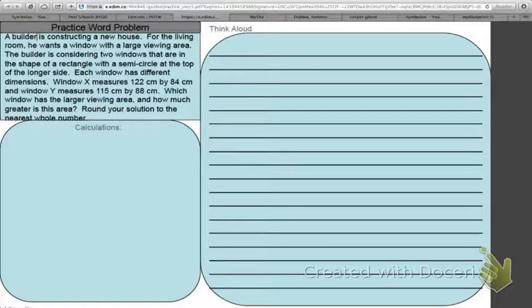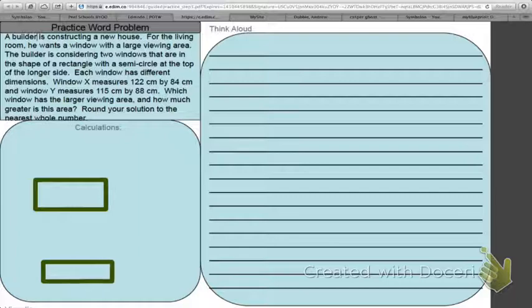Okay, so window 1, let's say that's window 1, and let's call this one window 2. 1, 2. Good? Now what did you say we needed to do? Oh, sorry.